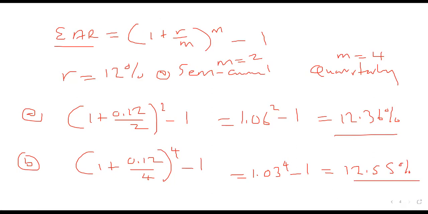Okay, now what is this effective annual rate? What does it stand for? This effective annual rate is used in banks. It is used whenever you're compounding more than once.